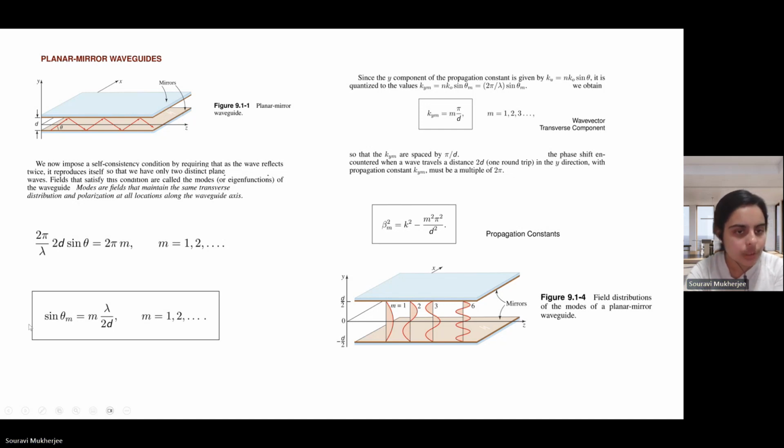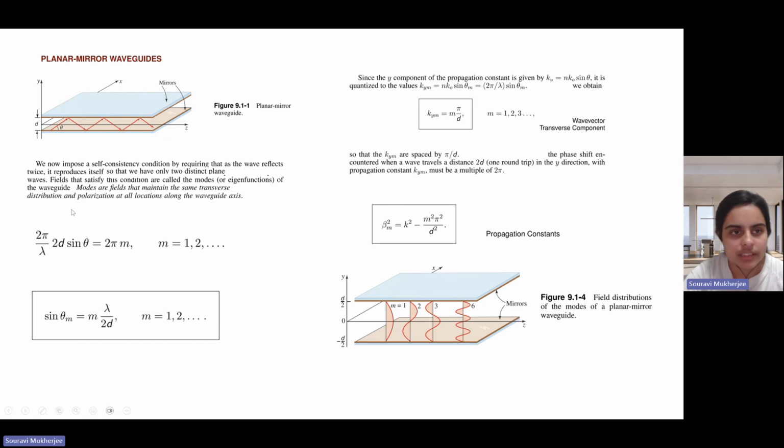Now this already tells you that there could be some particular values of theta where this condition is satisfied, and that is called theta m. So you can say that sine theta m is given as m lambda by 2d, where m can be integers starting from 1.